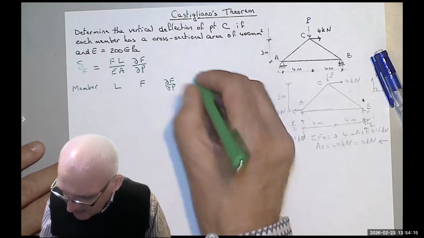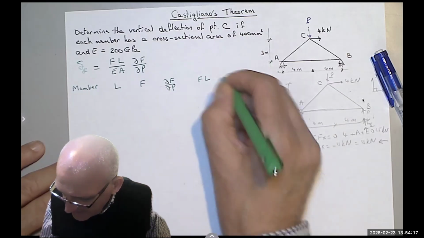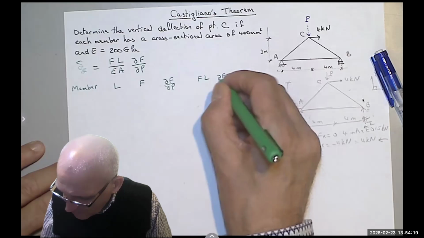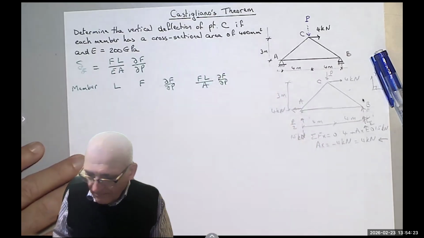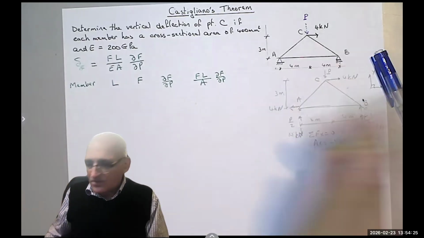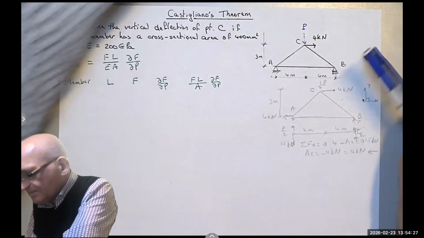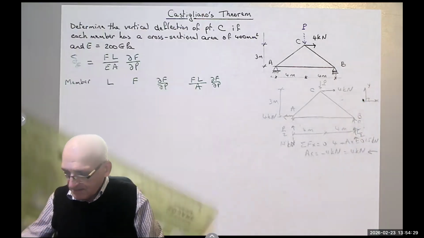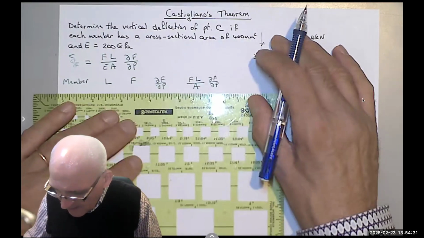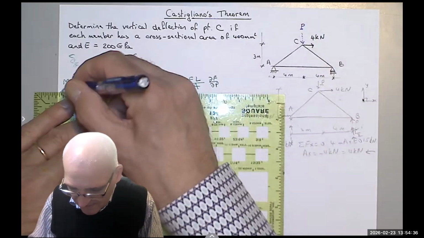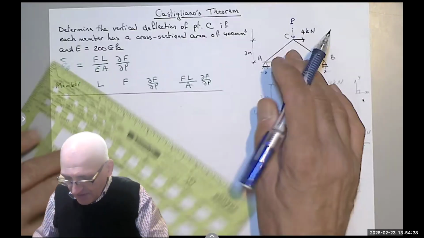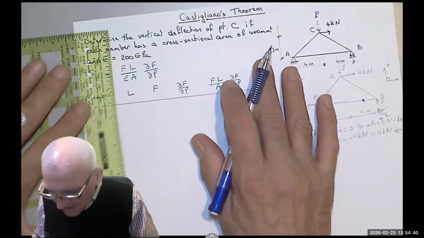It's easier. So we can say FL partial F over partial P over A. For the 3 members, there are only 3 members because otherwise it would be too lengthy. It's not hard, but we don't want to waste your time in going over mechanics, right? Math. You have a calculator, so you can do these quickly.